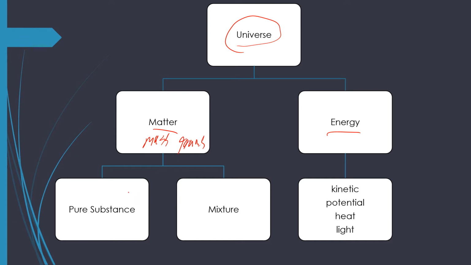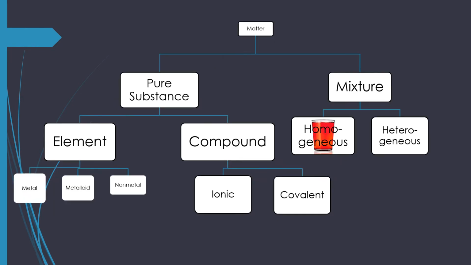So matter can be defined as either a pure substance or a mixture. What are the differences? Pure substances can be one of two things: either elements on the periodic table, or compounds, which are groups of elements from the periodic table. Those are the only two types of pure substance.